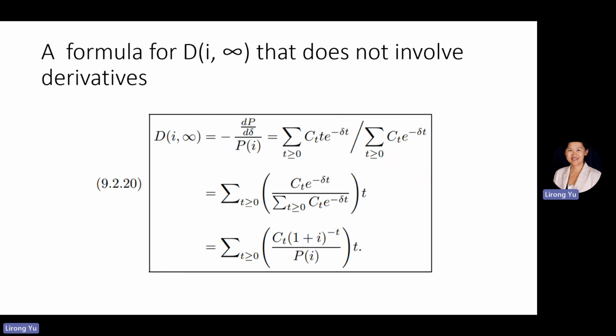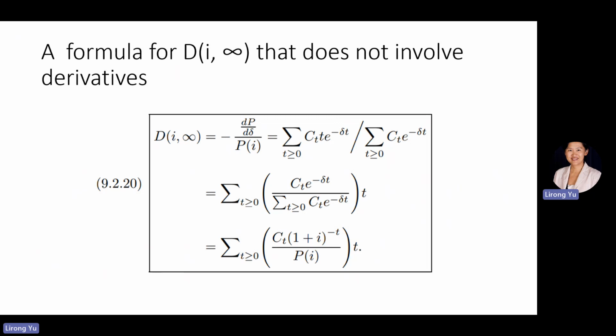think of the denominator as the present value of the cash flow, and think of it as a known coefficient. We call that P_i. So the cash flow C_t times 1 plus i to the power negative t is being divided by P_i. C_t times 1 plus i to the power negative t is the discounted cash flow, a future cash flow discounted to present time.